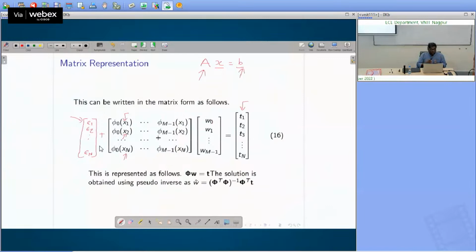So it is simply phi naught of x1, phi 1 of x1, up to phi m minus 1 of x1, which correspondingly we multiply with the w's, the first model, which is y of x1. That is w naught phi naught of x1, w1 phi 1 of x1, all the way up to w m minus 1 phi m minus 1 of x1. This is y of x1, and the second row with this column ends up with y of x2, and so on. You got this point, right?